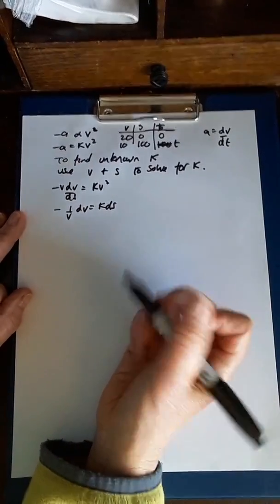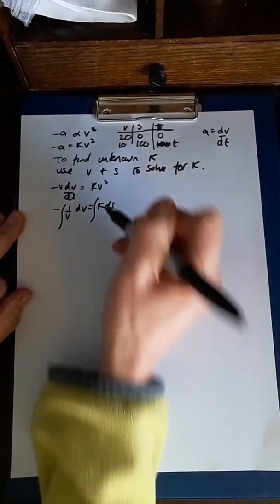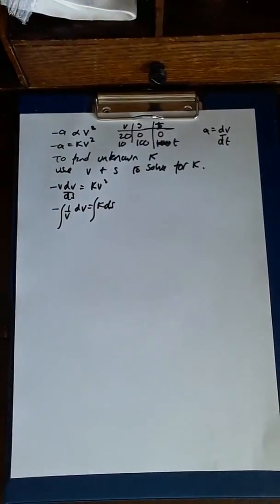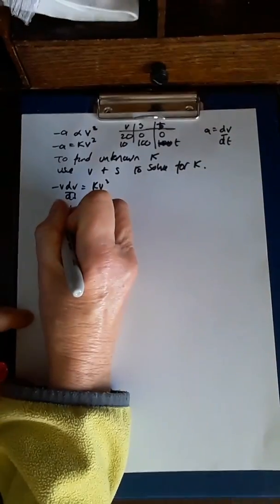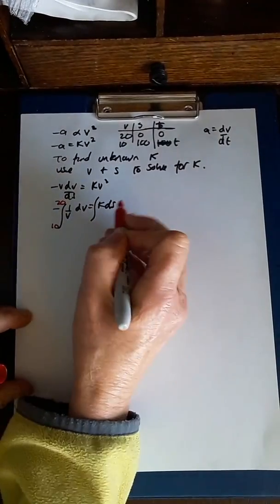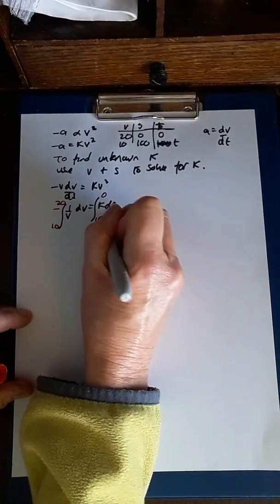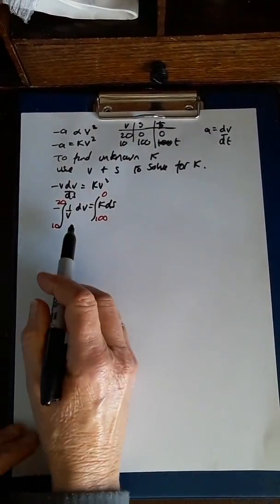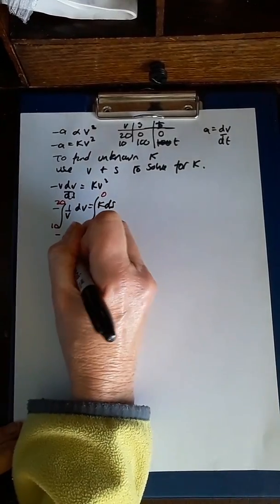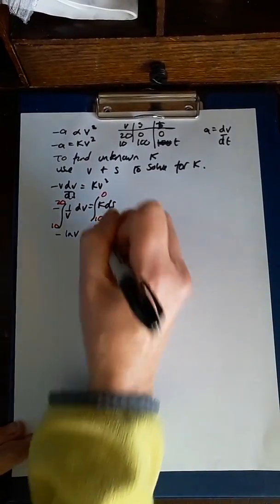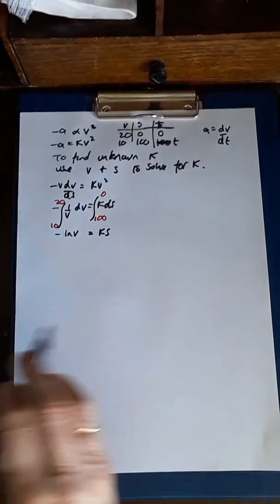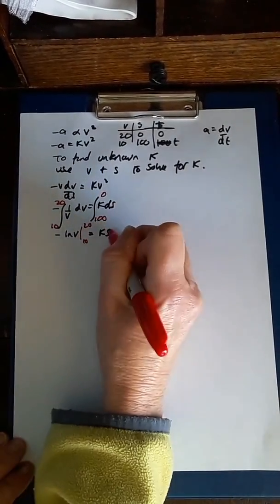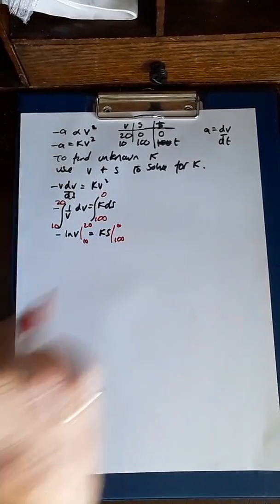Now I'm going to integrate both sides. I'm going to put in limits. My v limits are 20 to 10, and my s limits are 0 to 100. So when I integrate this, minus 1 over v integrated is ln v, and this becomes k times s. And of course I'm putting in 20 to 10, and I'm putting in 0 to 100.